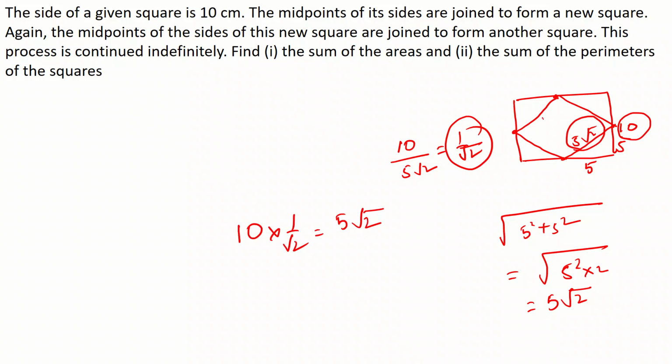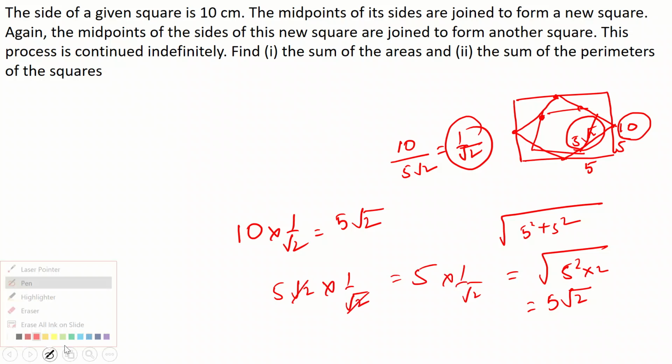And if you form one more square inside it, the new square will have a side of 5 root 2 multiplied by 1 by root 2, which is actually 5. And this will go on, for the next square again it will be into 1 by root 2.